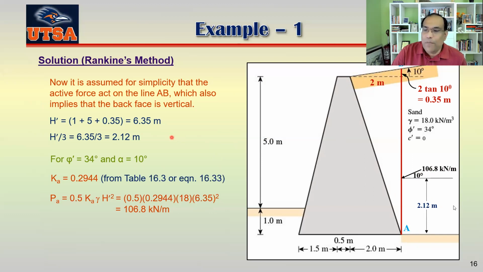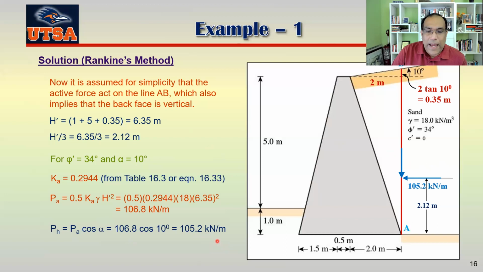Now we can find the horizontal and vertical component of this active force. So this angle is 10. Basically, this is your PH, and this is your PV. This one is basically 105.2 kilonewton, and this one is 18.6 kilonewton.